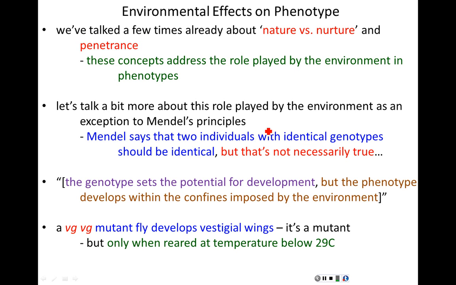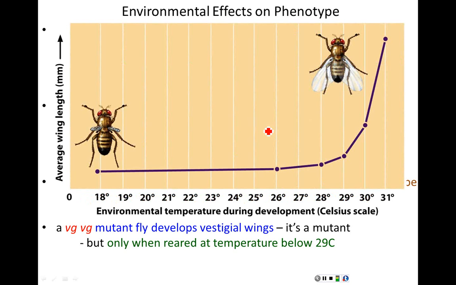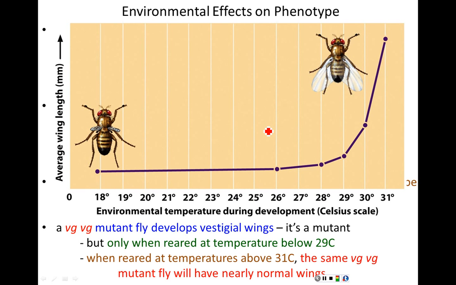When you rear flies or grow flies at temperatures below 29 degrees centigrade, you can show the recessive trait, the vestigial wings, in the homozygotic recessive fly. But if you take those same flies that have that mutant genotype and should express vestigial wings, but you grow them at temperatures of 31 degrees centigrade or higher, they develop normal wings.